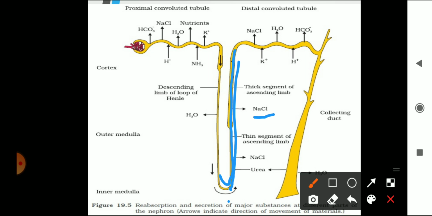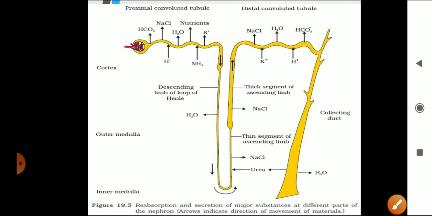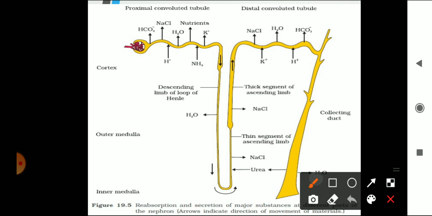So the descending limb is permeable to water, whereas the ascending limb is impermeable to water. The descending limb is impermeable to electrolytes, whereas the ascending limb is permeable to electrolytes. Permeable means it allows the movement. Now this part is followed by the DCT.